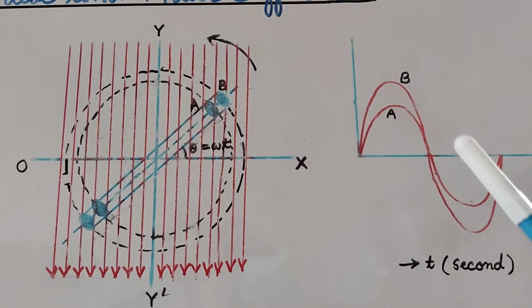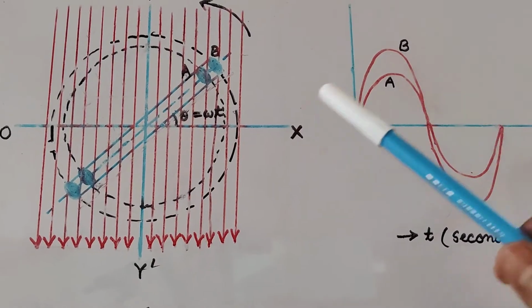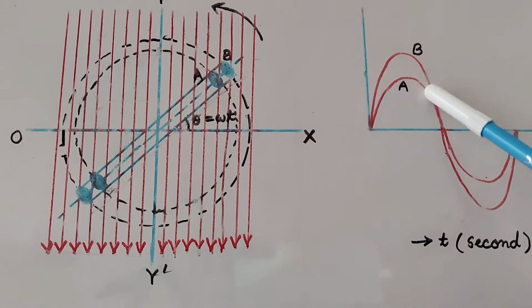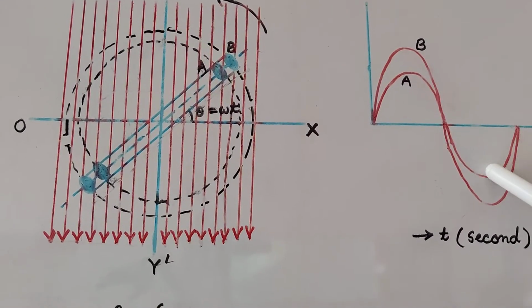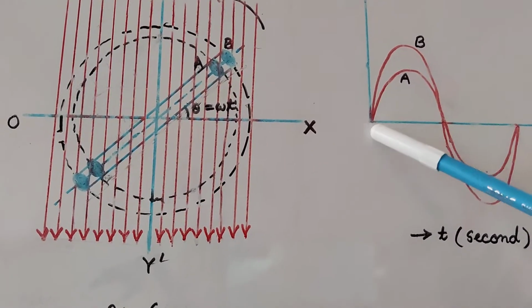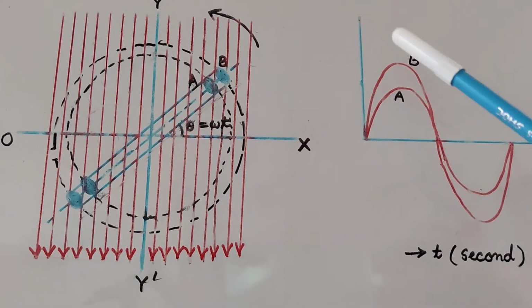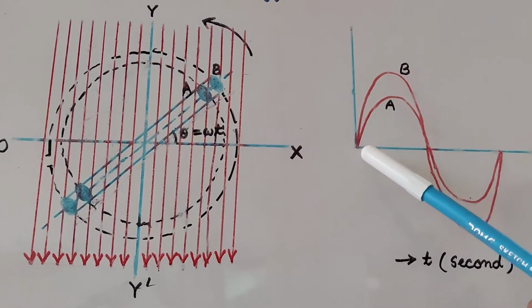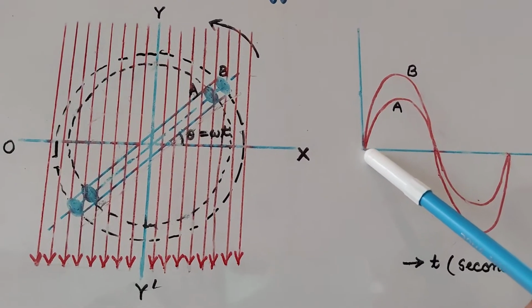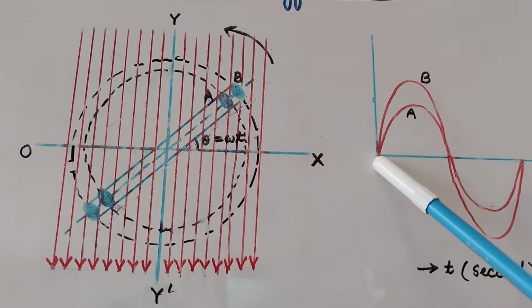So let us see the graph of the EMF induced in both the coils. This is the induced EMF of coil A, and this is the induced EMF of coil B. From this figure we find that when the induced EMF of coil A is 0, then the induced EMF of coil B is also 0.